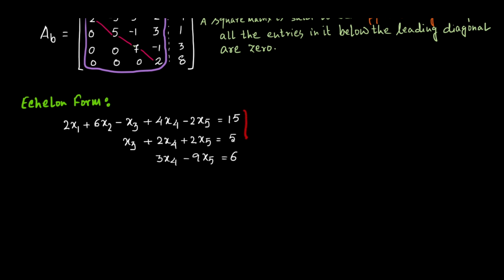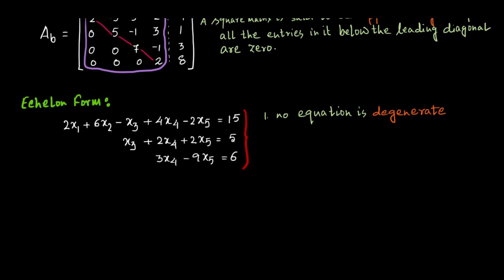This system of linear simultaneous equations that you can see on screen is in echelon form. Now carefully observe and try to understand what are the features that you can find in this form of system of linear simultaneous equations. First of all, no equation is degenerate.